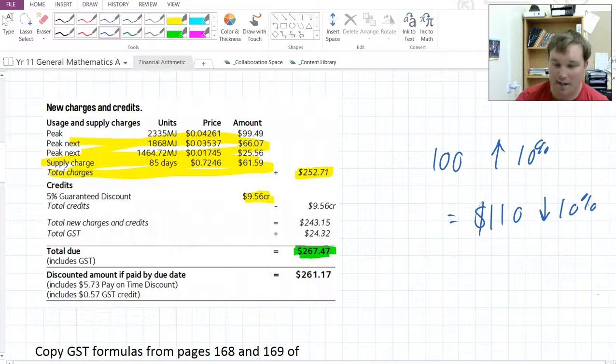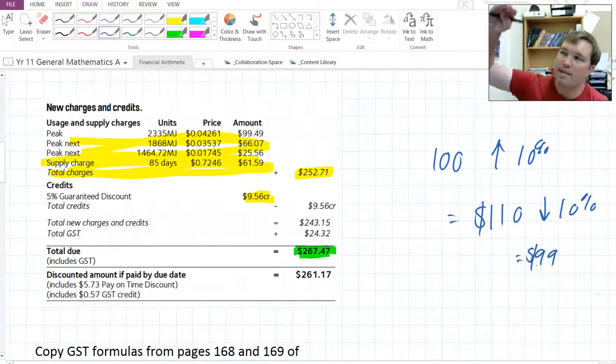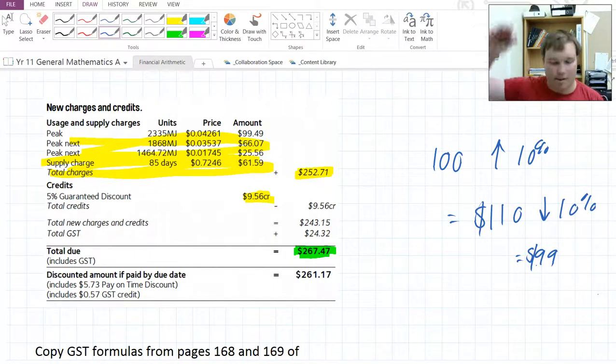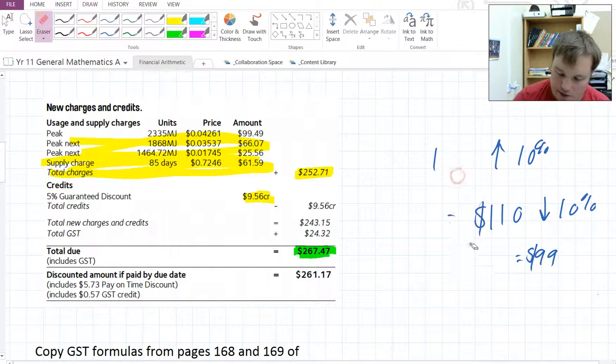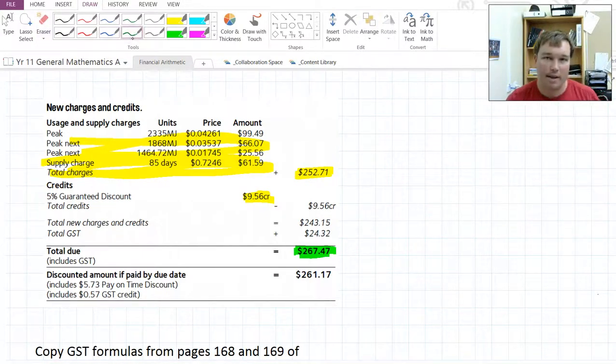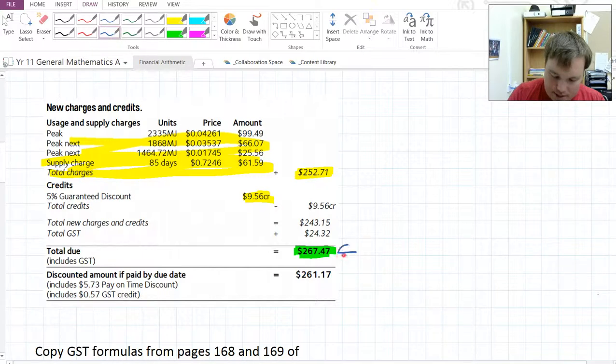Decreasing 110 by 11 gets you to 99. So increasing by 10% is not the opposite of decreasing by 10%. They don't work in that proportion. So just finding 10% and going backwards isn't a way to find the GST that was put into this sum. Instead, we think about, well, how was this calculated?